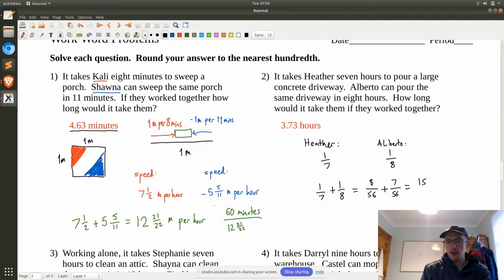So this much of a concrete driveway per hour. Then how many hours will it take them to fill up the entire driveway? One concrete driveway divided by their combined speed. That there is like combined speed.